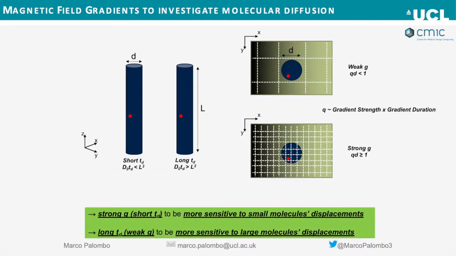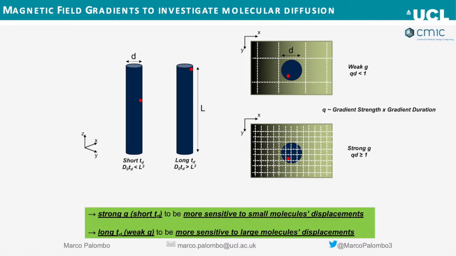Now, for example, if we want to measure the diameter of a cell fiber, we can use a relatively short diffusion time. But if we want to probe the length of the fiber, we have to use a diffusion time long enough to allow the molecule to experience the displacement L, equal to the length of the fiber.